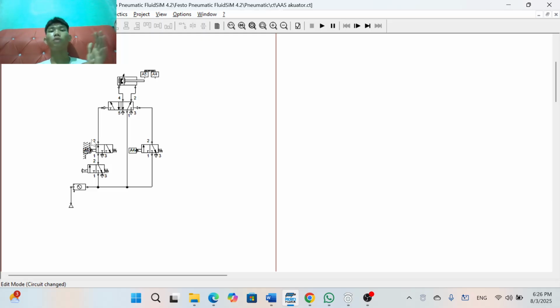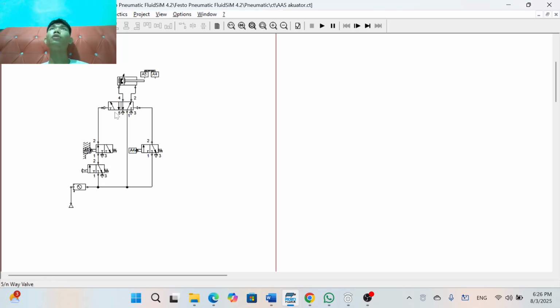In Indonesian, sudah ditekan. Sorry, my English. I'm just learning how to speak English. So when the selector switch is pressed, the air will be forwarded from limit switch 3 per 2 to the double pilot valve 5 per 2.